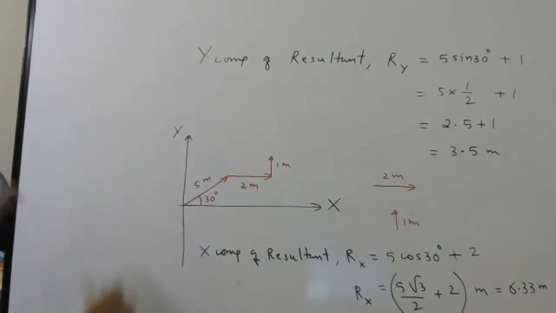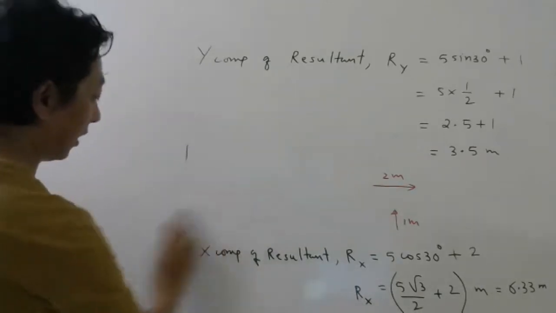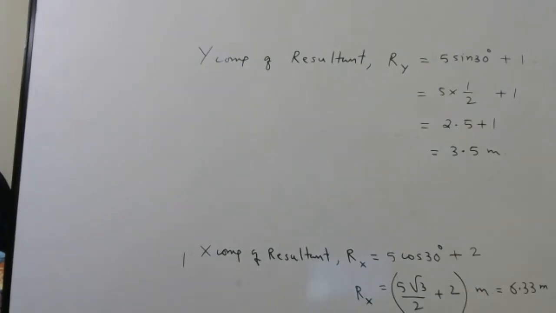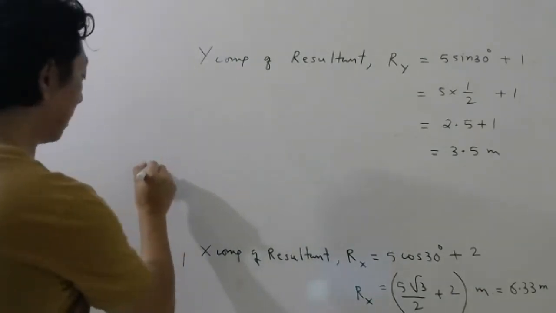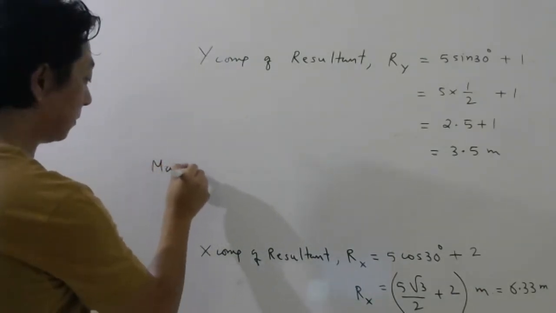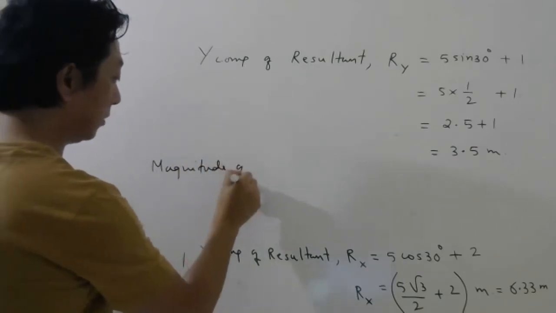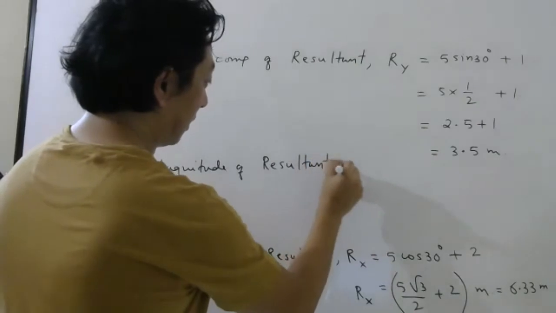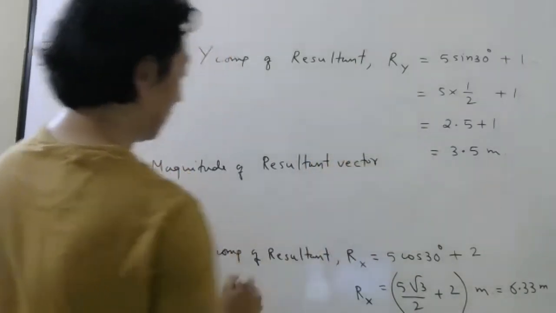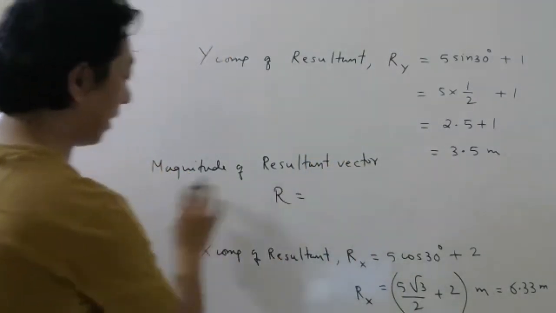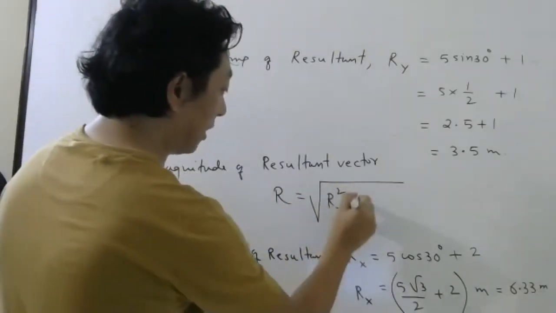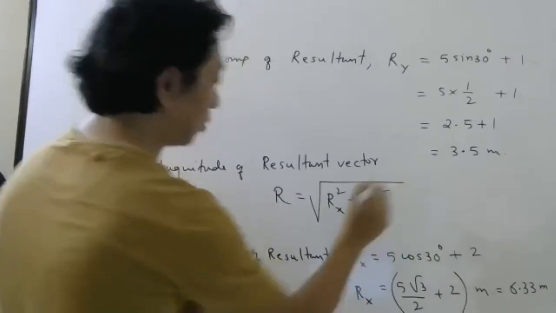Okay. So once you found x and y components separately, now the magnitude of resultant vector, let us call it R, only magnitude, root over x component square plus y component square.